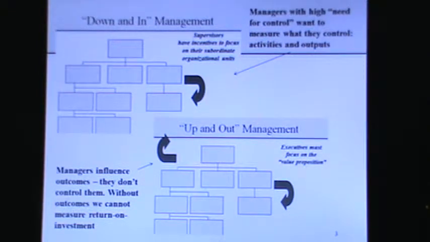So that's really important, focusing on what is the value proposition for this organization, why does it exist, how do we measure why it exists, and what can we do to make sure, to the best of our abilities, that our activities and outputs influence or cause outcomes to occur.